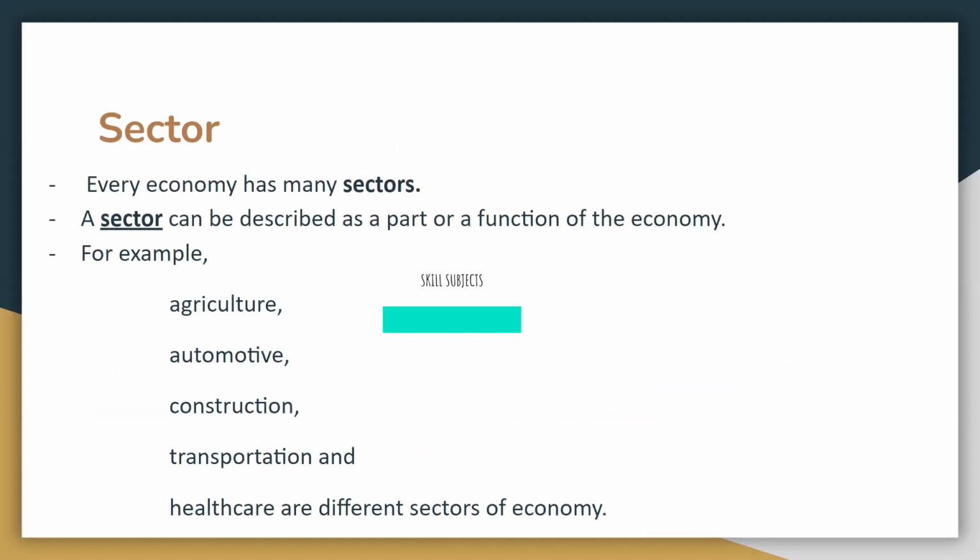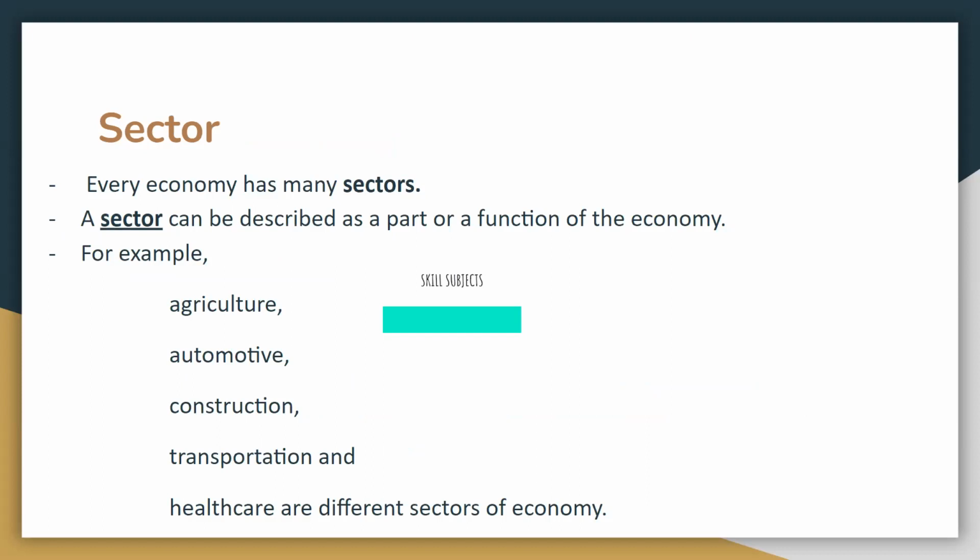So there are various sectors in each economy. So what exactly is a sector? A sector can be described as a part of or function of the economy. Now there are various sectors, that is various segments, areas, departments in which development is important for an economy to grow.